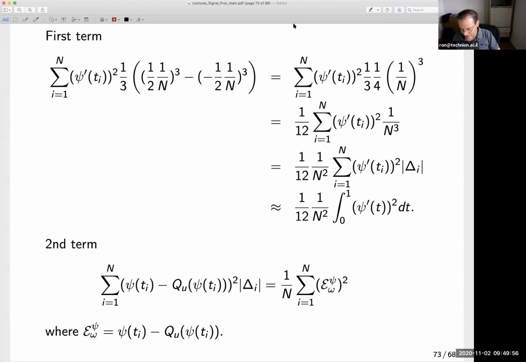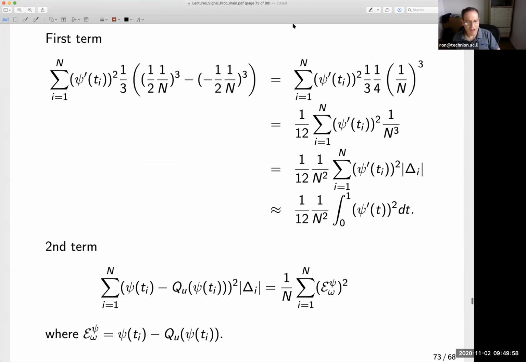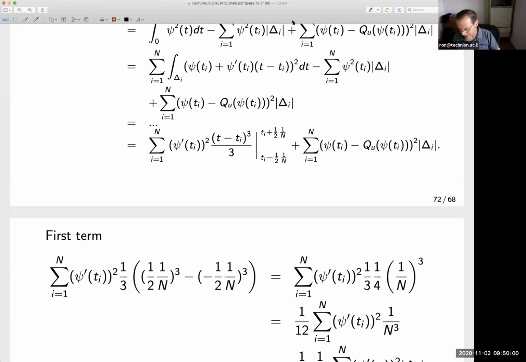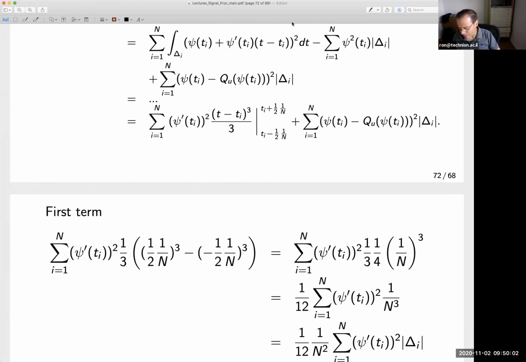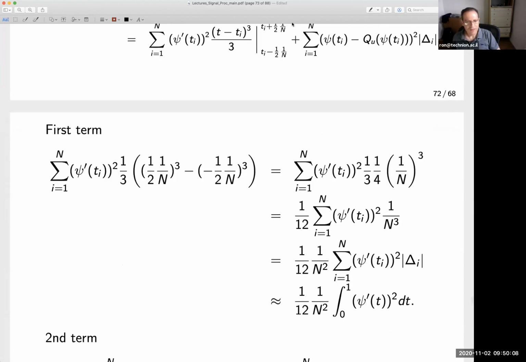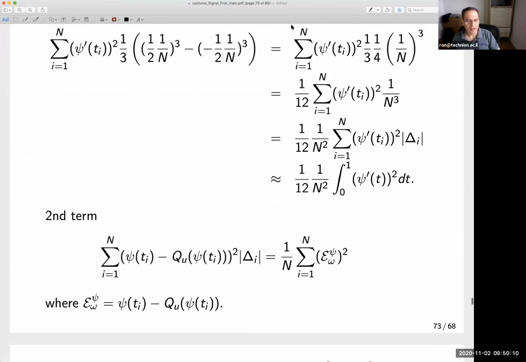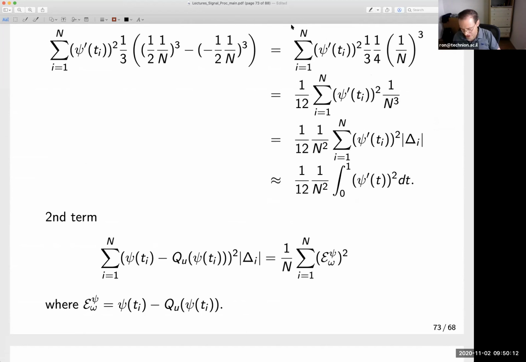Now, the second term is the quantization term. The second term is what happens when I quantize my phi values. It looks like that. It is basically a summation over phi of t minus the quantization of these phi's.